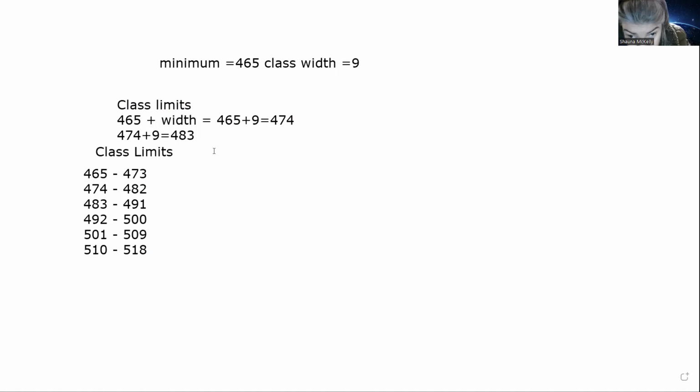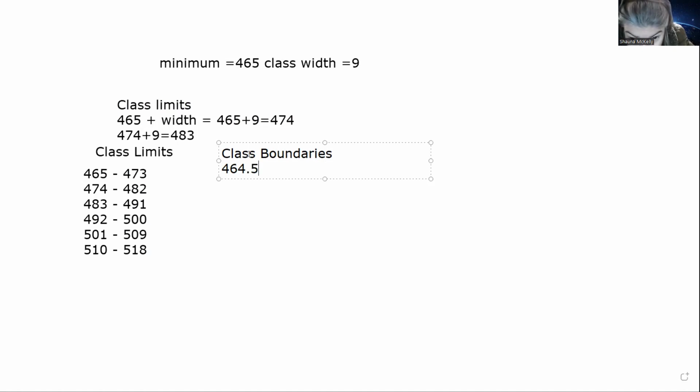The class boundaries, these are the ones that overlap. So the class boundaries are, you're going to drop a half a point from the lower and add a half a point to the upper one. So this is going to be 465 minus 0.5, which is 464 and a half.